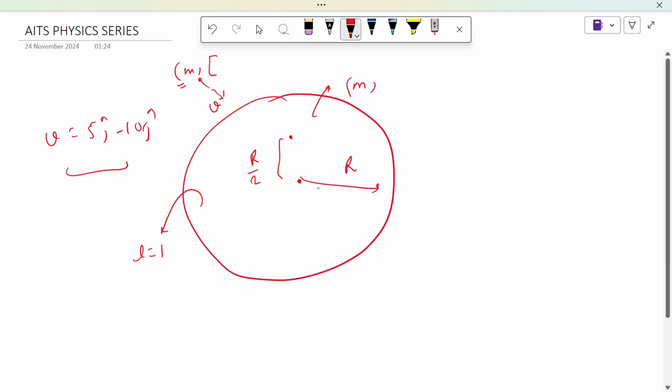is given as e equals 1, and the coefficient of friction between the colliding surfaces is mu equals 0.2.